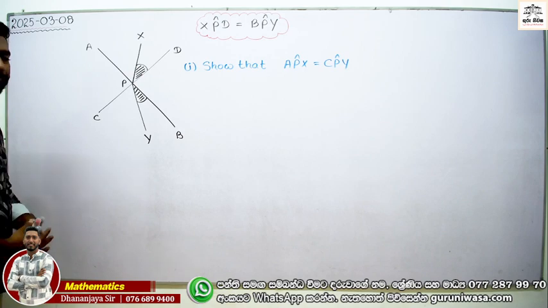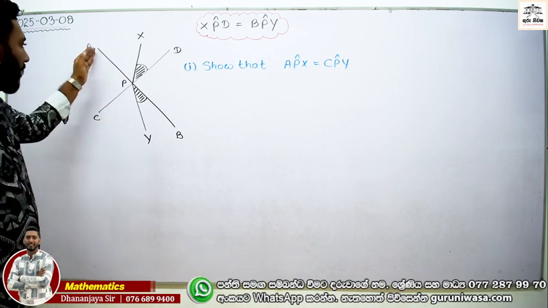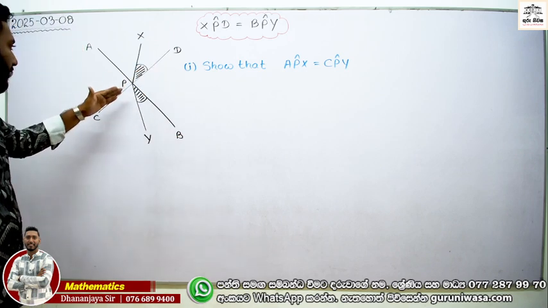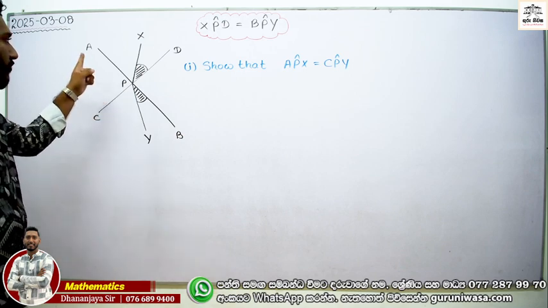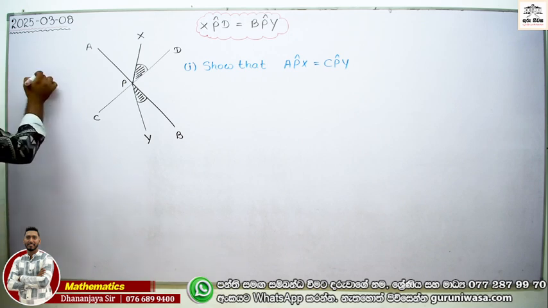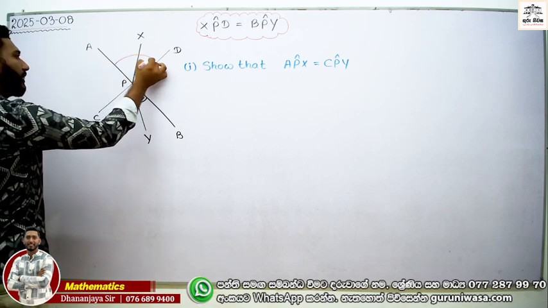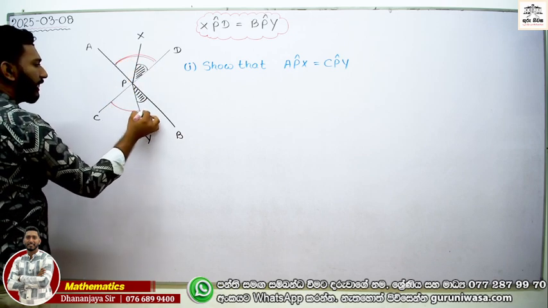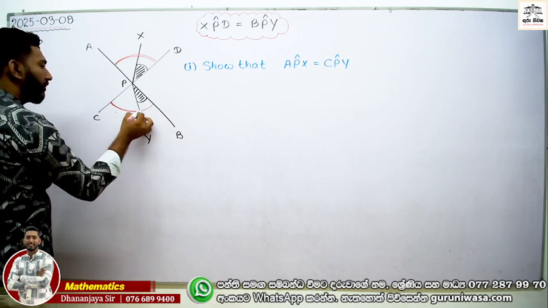Now look at that. AB is a straight line as well as CD is a straight line. And you know straight lines, right? Look at that. This angle should be equal to this angle. And you know the reason.